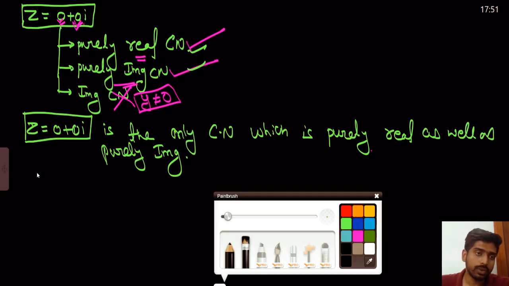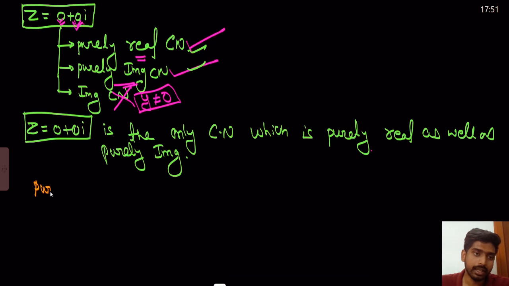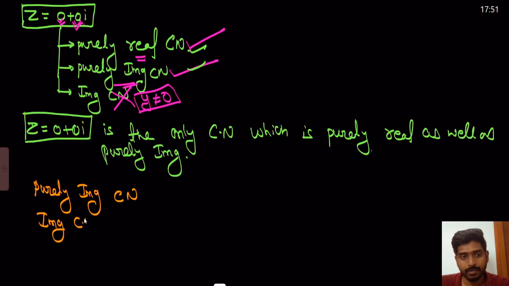Now next, one more important point. What was the condition for purely imaginary complex number and imaginary complex number? The condition for purely imaginary complex number was that the real part will be zero. And the condition for imaginary complex number is that the imaginary part will not be equal to zero.